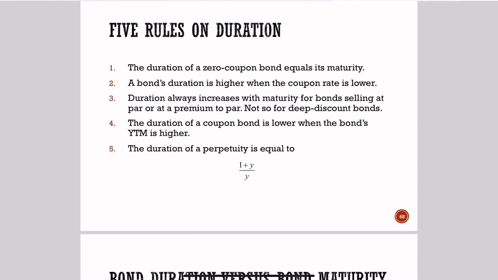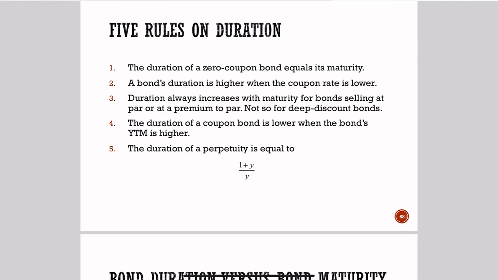Now, let's look at the third observation. Duration always increases with maturity for bonds selling at par or at premium to par. This is actually quite intuitive, right? Generally, you should expect if your bond has longer maturity, then duration should also increase, right? This is the normal result.